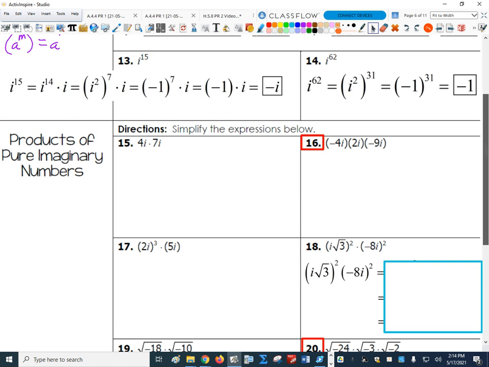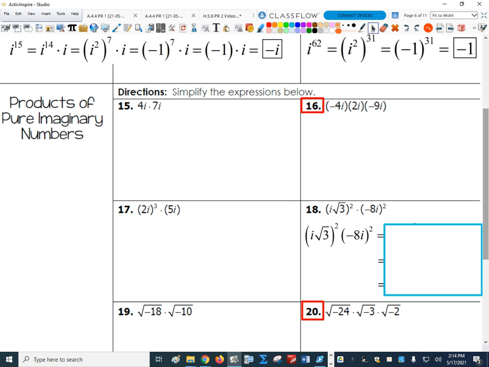Okay, so now let's just practice taking some products involving i's. So what about number 16? Okay, so look what happens here. I have to multiply -4i times 2i times -9i, right? When I multiply 3 factors together, I always have to just multiply in pairs.